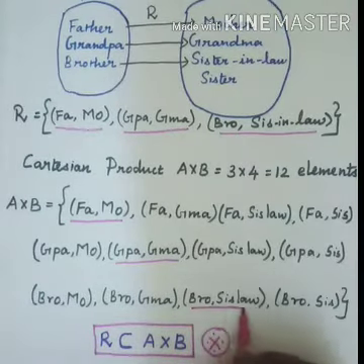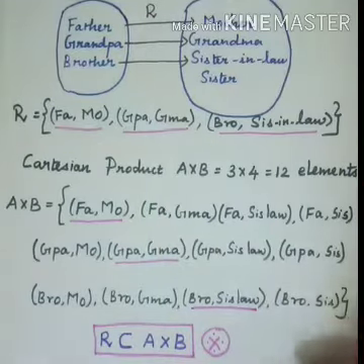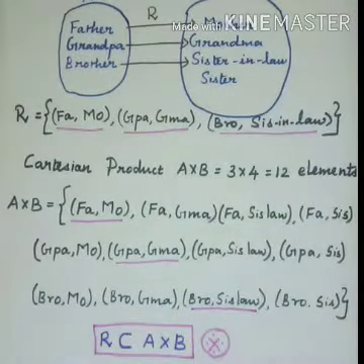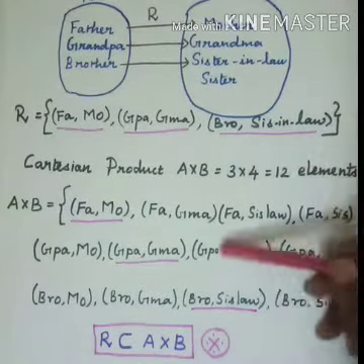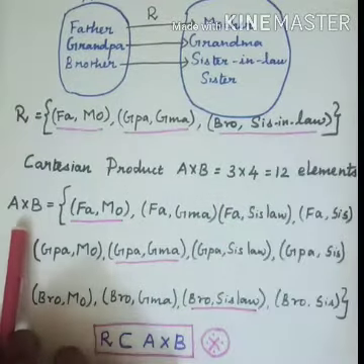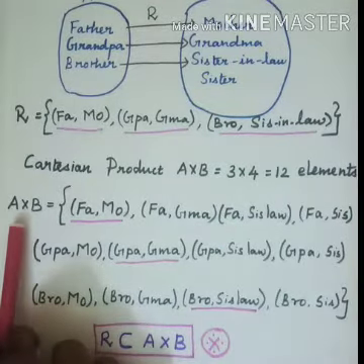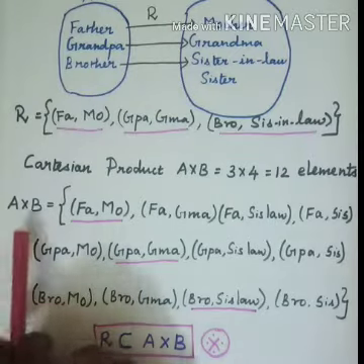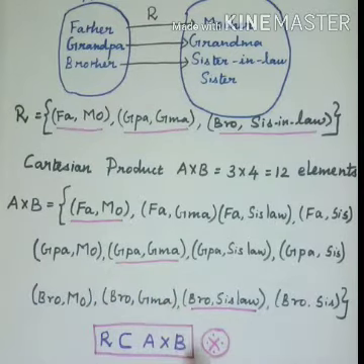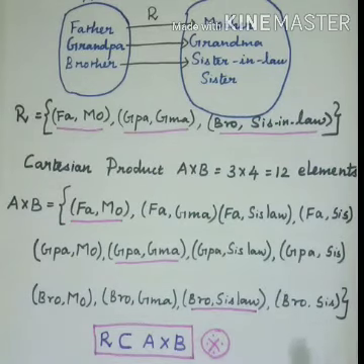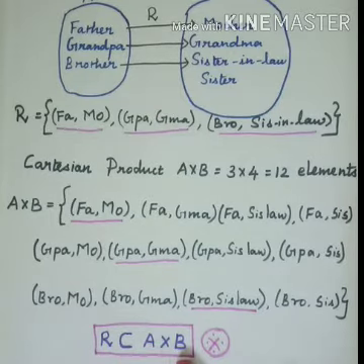So all the elements of R are inside of this Cartesian product A cross B. A cross B has all these elements which are in relation R. So easily we can say that the relation R is a subset of Cartesian product A cross B.